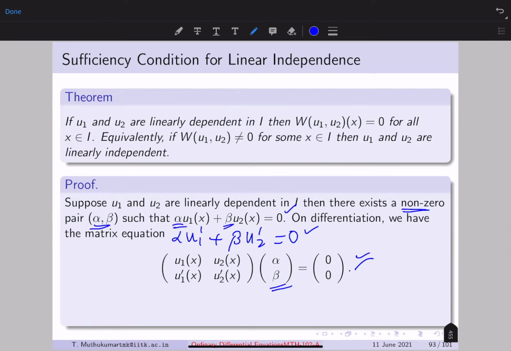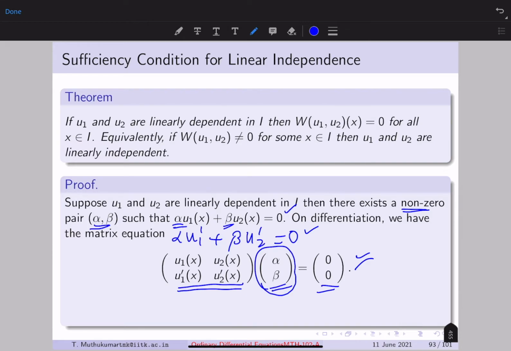So you have a matrix which sends a non-zero vector to 0, which means the determinant of this matrix has to be 0, because the kernel contains non-zero elements.